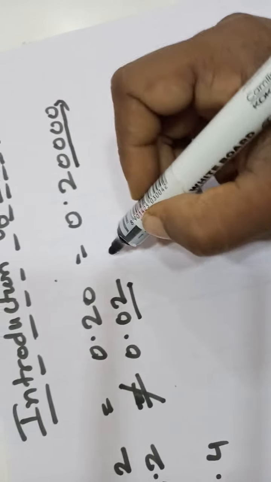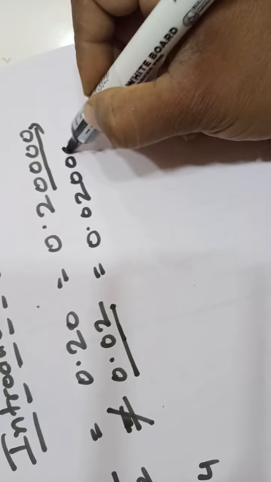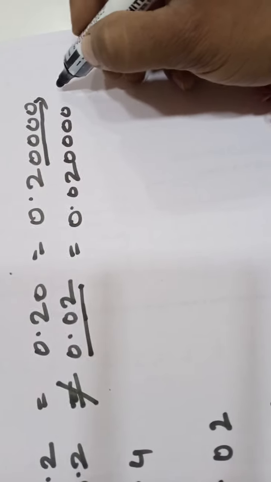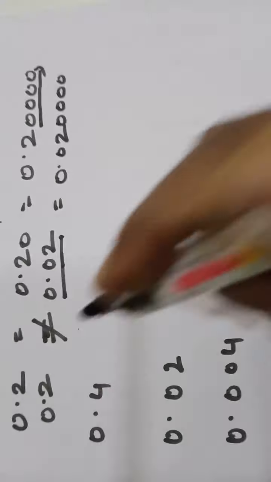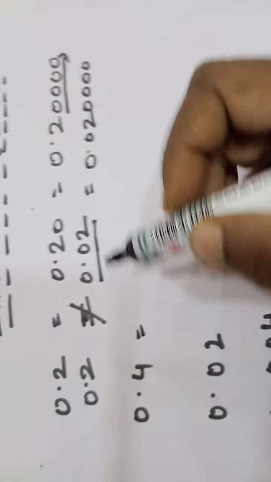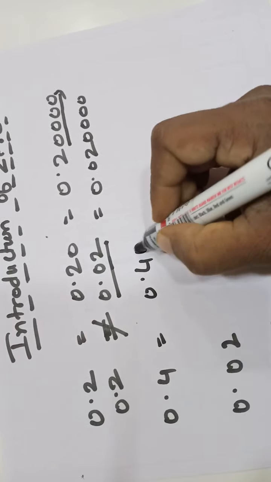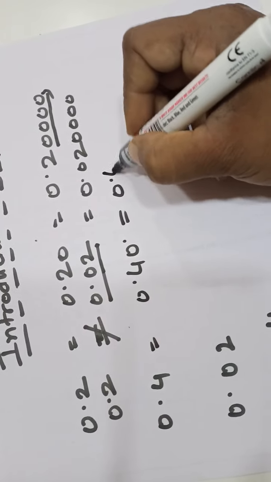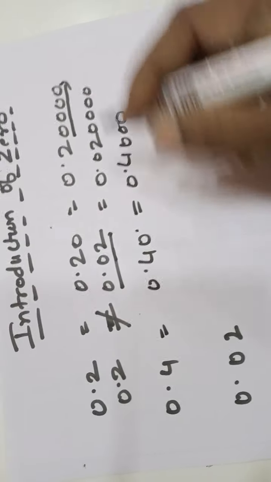So 0.02 is equal to 0.020000, whatever number of zeros you want to place on the right-hand side, that's absolutely fine. Let's take one more example of 0.4. So 0.4 is equal to 0.40 or 0.4000, whatever number of zeros you want to place on the right-hand side.